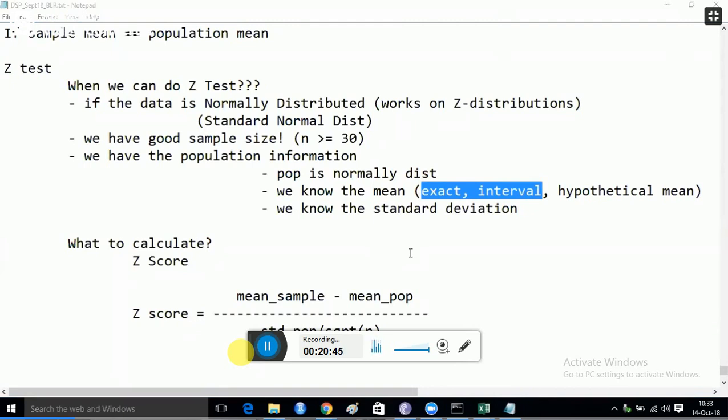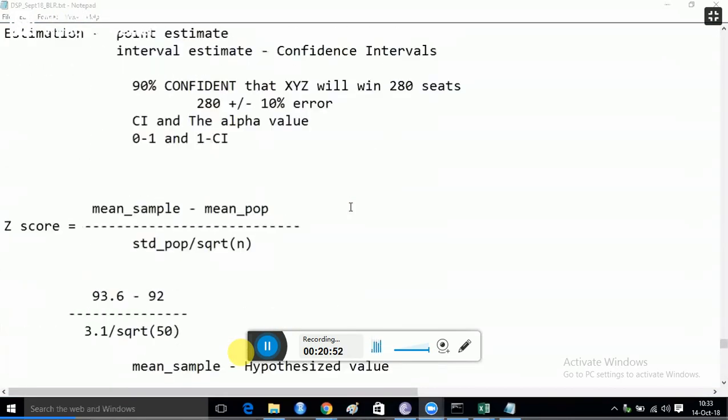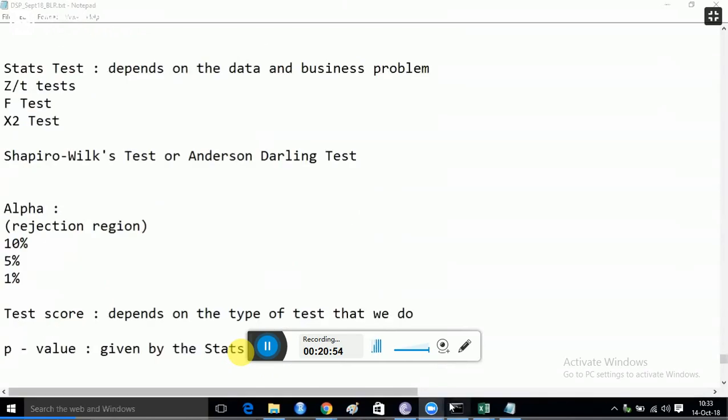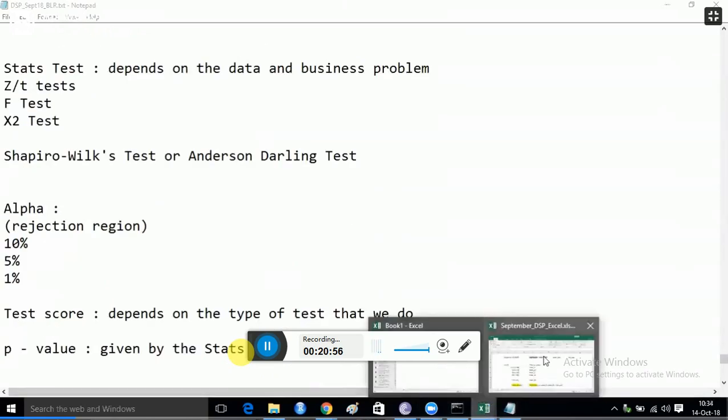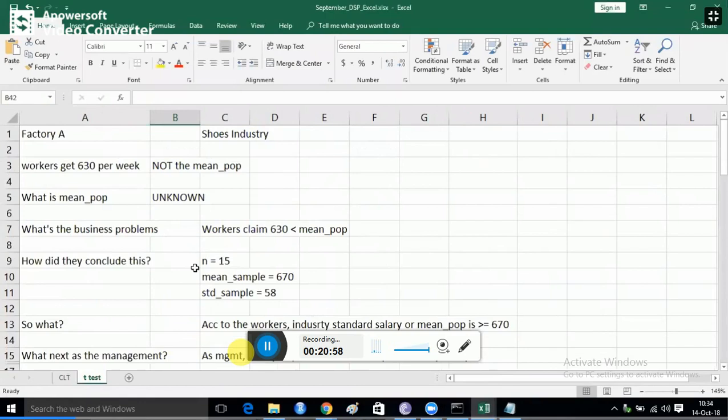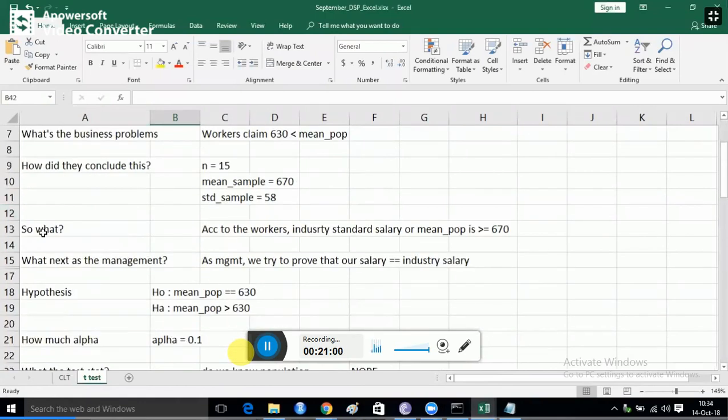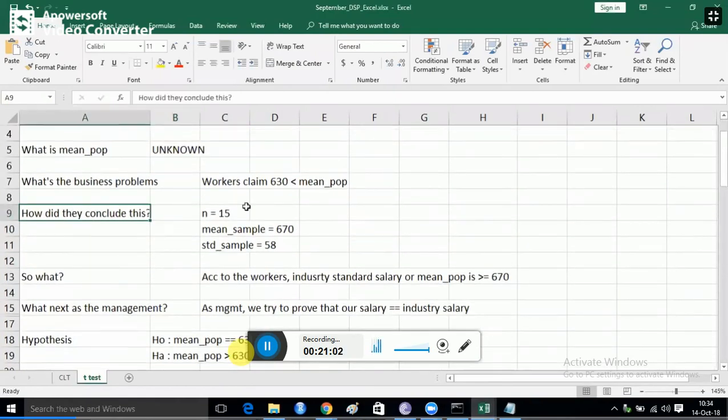Okay, so it's the mean for the entire population, even if hypothesized, and if I compare it with the shoe industry example that you gave yesterday, right, that was also a hypothesized mean of the population, correct? The t-test example, that is what you are talking about? Yeah. Yes, exactly. So what these workers did, these workers took 15 people and they took their salaries, and the mean came up to be 670.